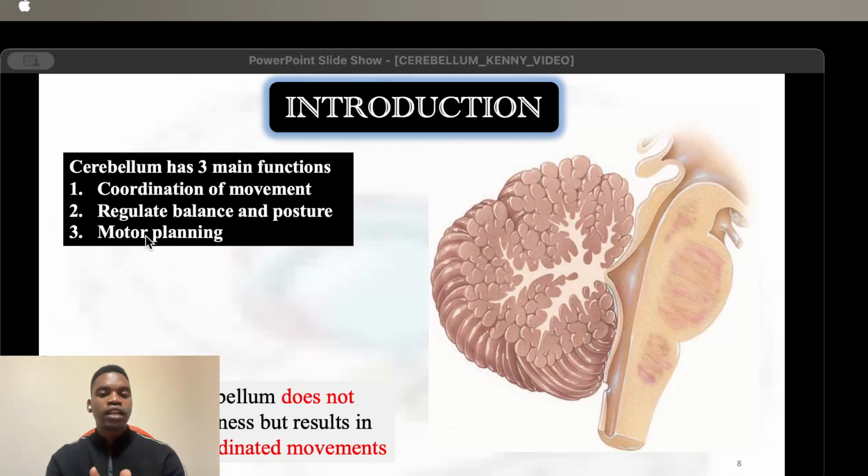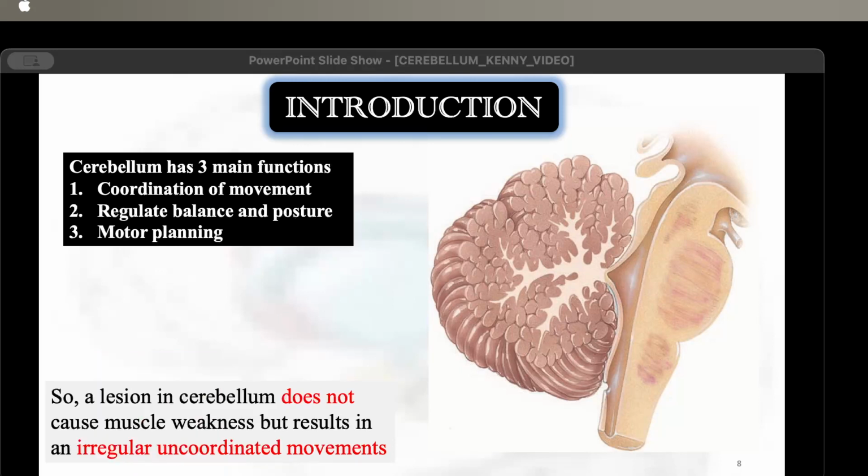We have two functional classifications of the cerebellum, and we'll see all of them as we move on. Because we have already said the cerebellum cannot initiate muscular movement, but it coordinates the movement.